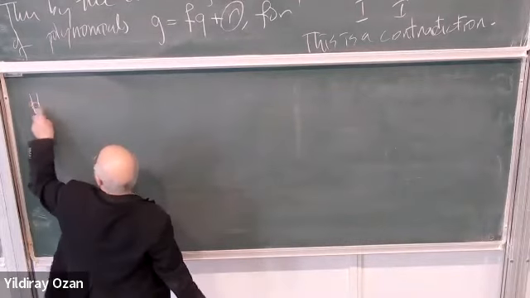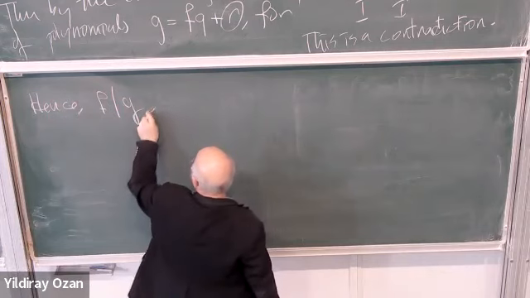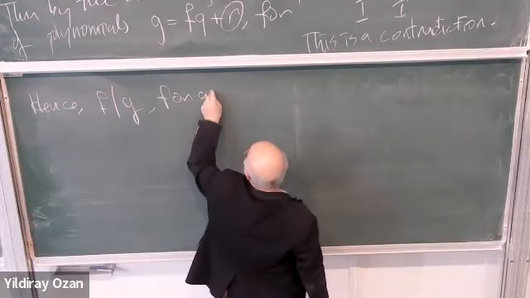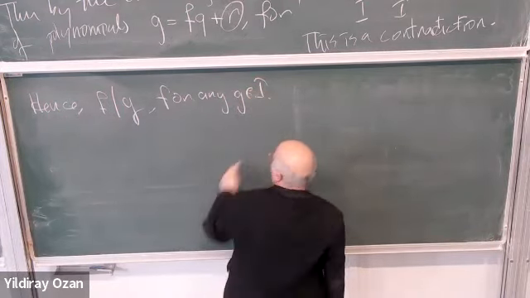Hence, F divides G for any G. But this means that this I is generated by the polynomial F. So this ideal is a principal ideal, but the ideal was an arbitrary ideal in the ring. Therefore, every ideal is principal.